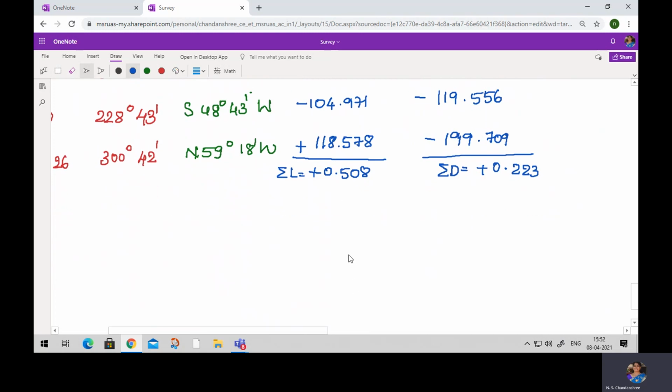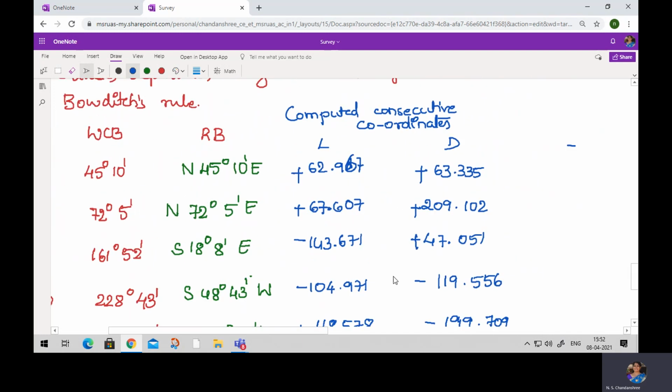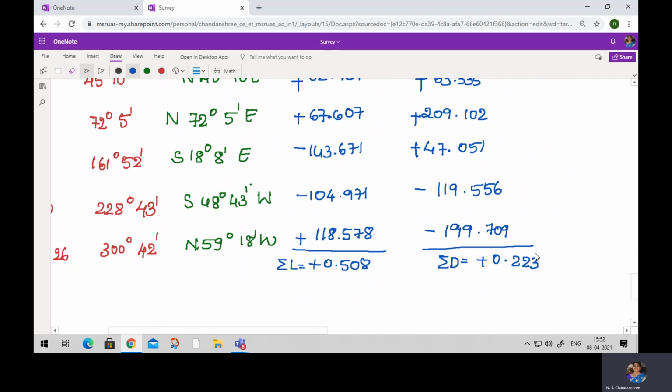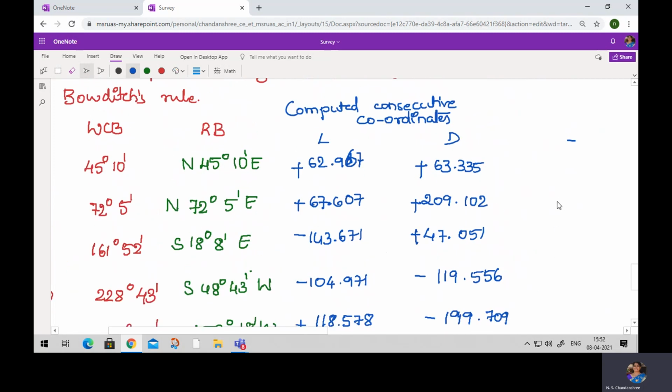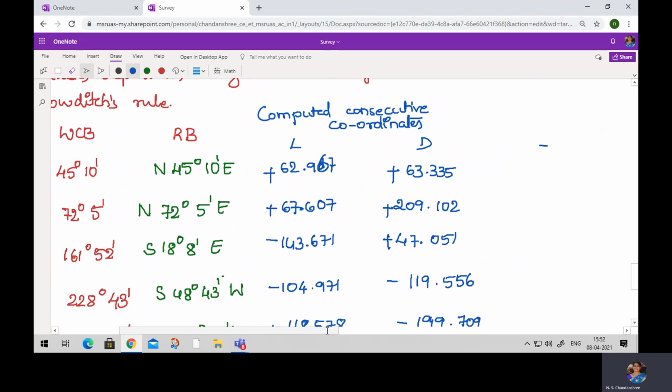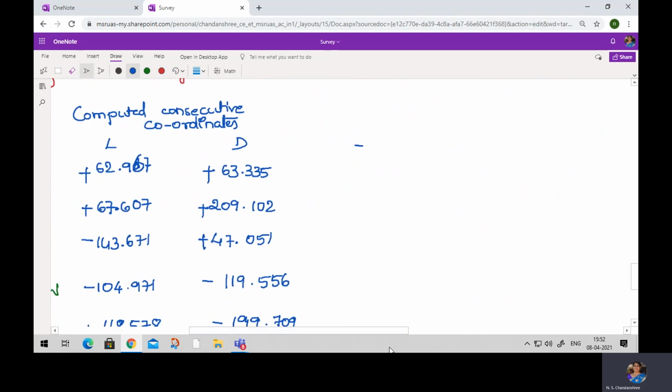Now because these errors exist, we have to calculate the corrections. These are the values of the errors. Error has positive sign, so the correction will have negative sign. So we have to find out the corrections for latitude and departure. The next column here will be corrections: correction to latitude and correction to departure.